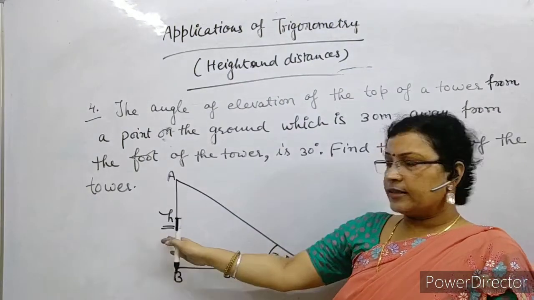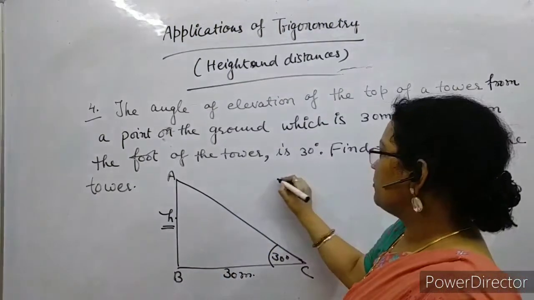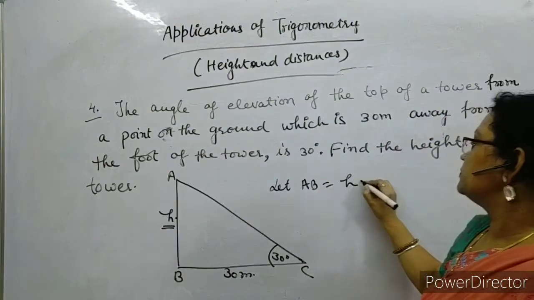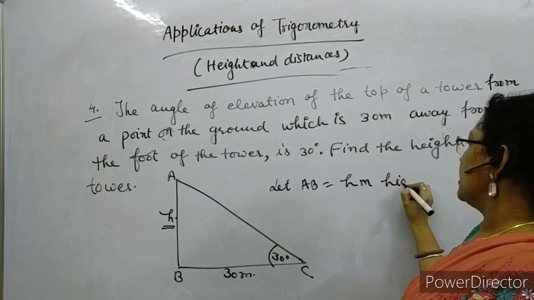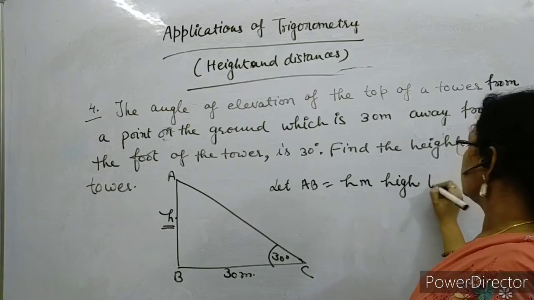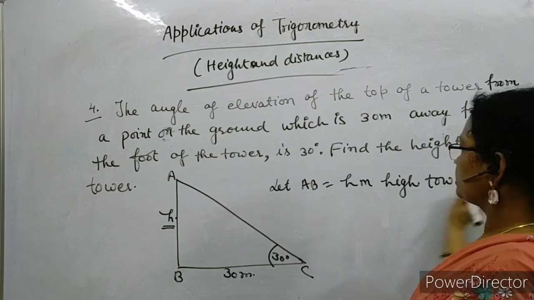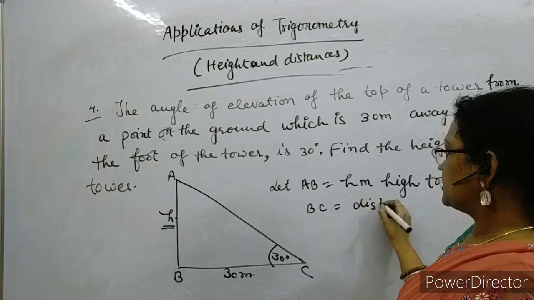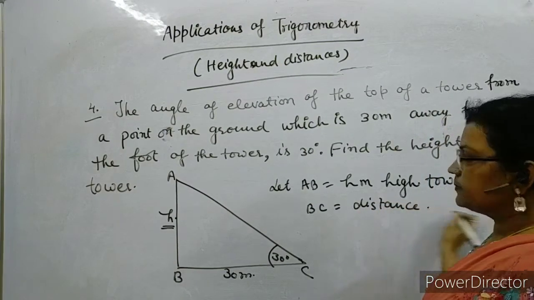We have to calculate the perpendicular. So we will assume AB equal to h meter high tower, and BC is the distance from the foot of the tower.